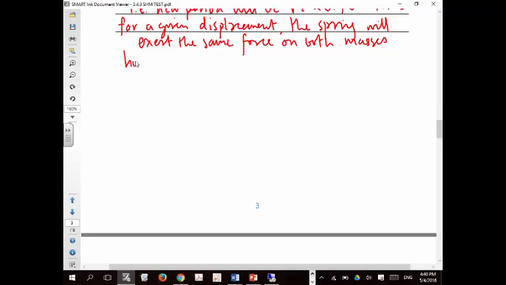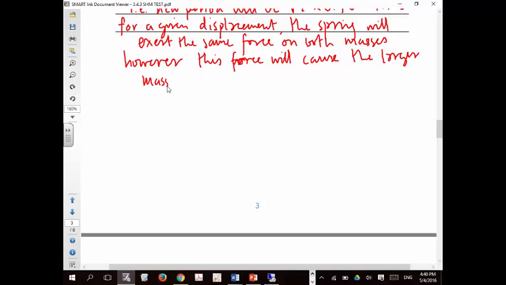However, this force will cause the larger mass.